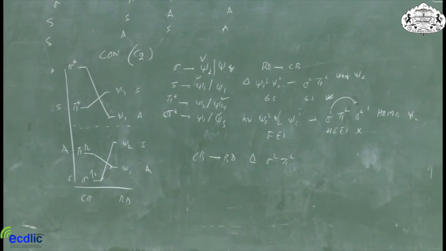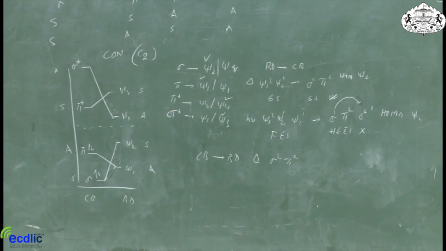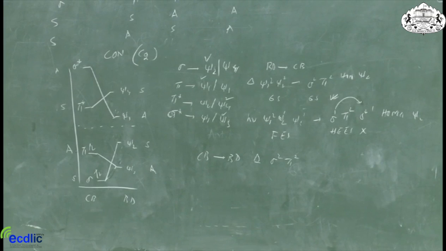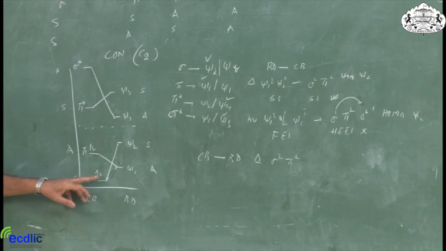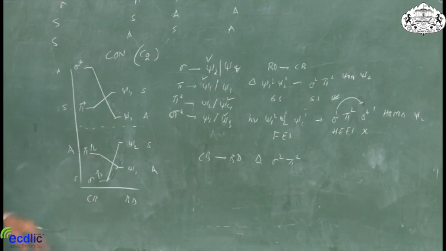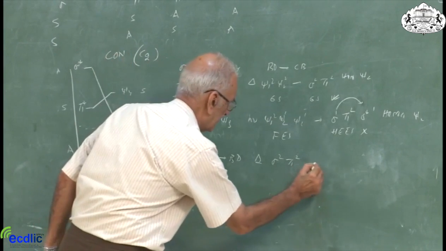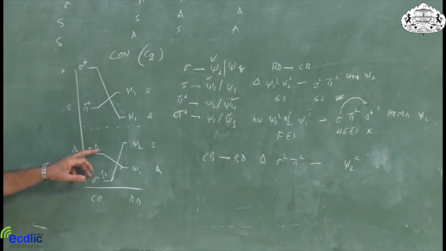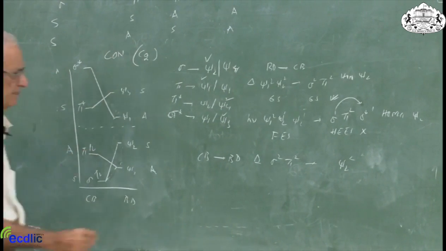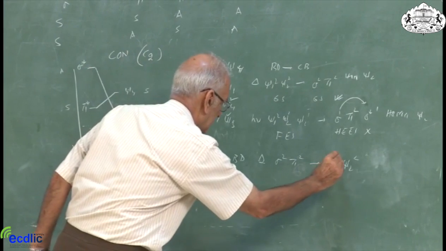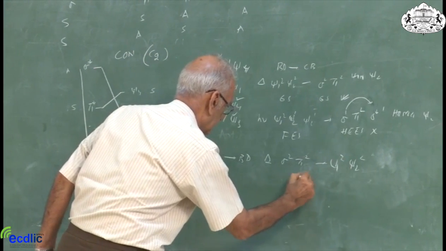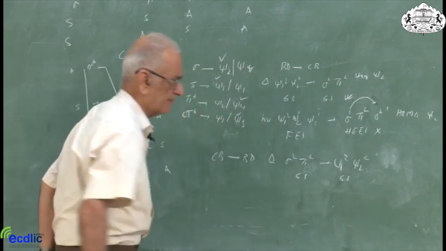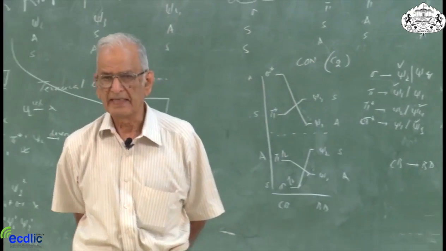Where will the sigma electrons go? Sigma electrons will go into psi 2. Your pi electrons will go into psi 1. Ground state has given ground state, therefore, reaction is allowed.